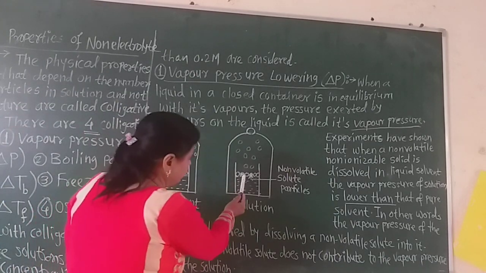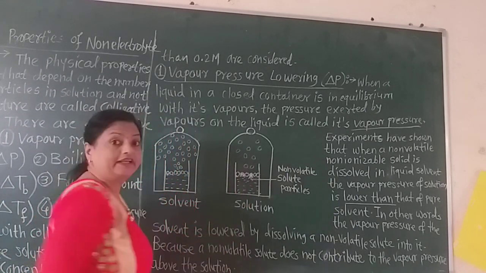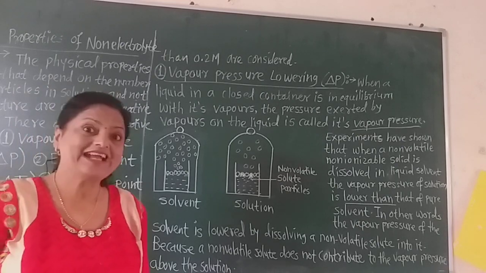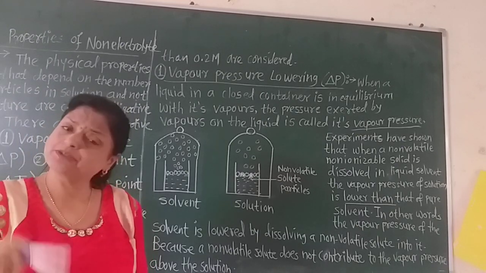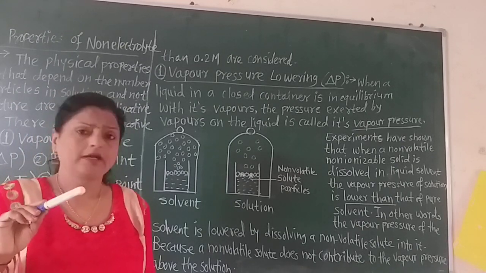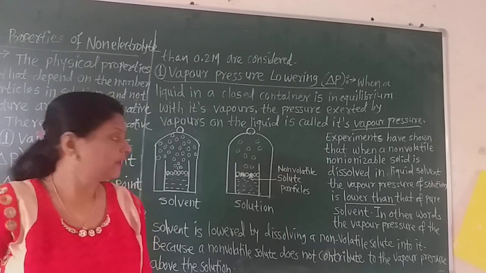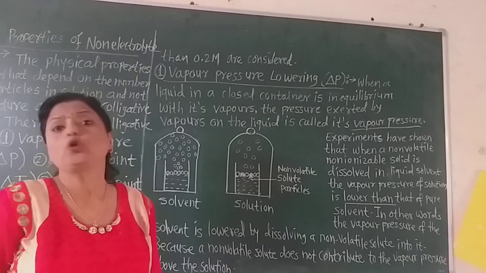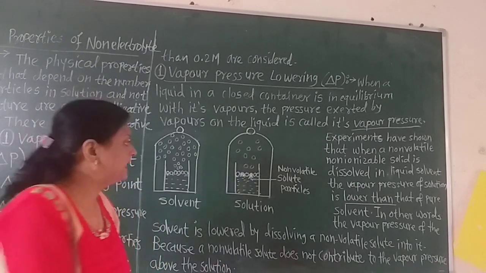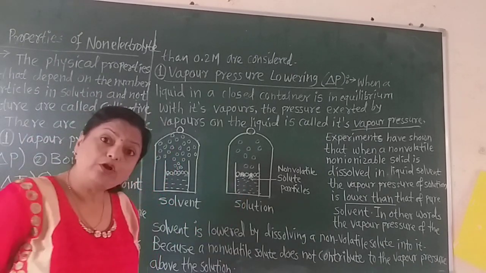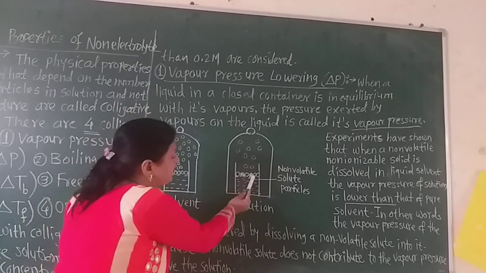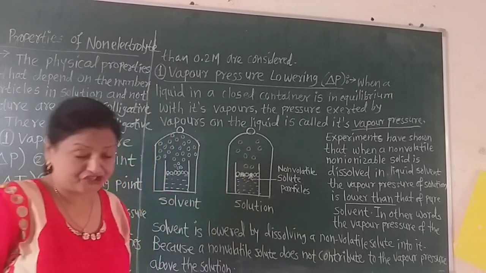Some of the particles of the solute are also on the surface of that solution. But these particles do not get vaporized because the solute is non-volatile. At room temperature it does not go into the vapor state. So they remain on the surface and only the solvent particles go into the vapor state.